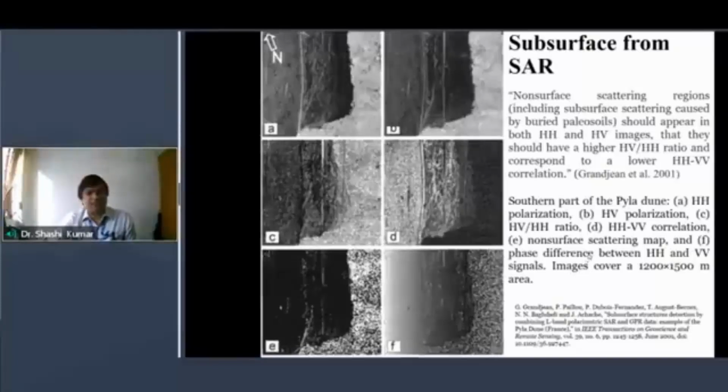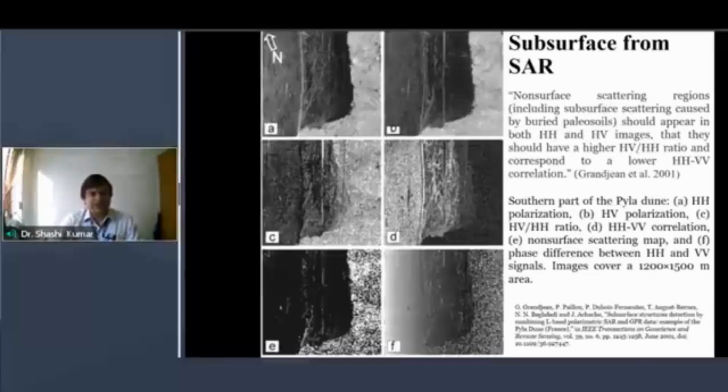If you see here, image A is representing the HH polarization of the imagery, and B is representing HV polarization. In HV polarization, if there is volumetric scattering due to the subsurface penetration, that will be enhanced in the HV polarization. C is representing the HV by HH ratio.